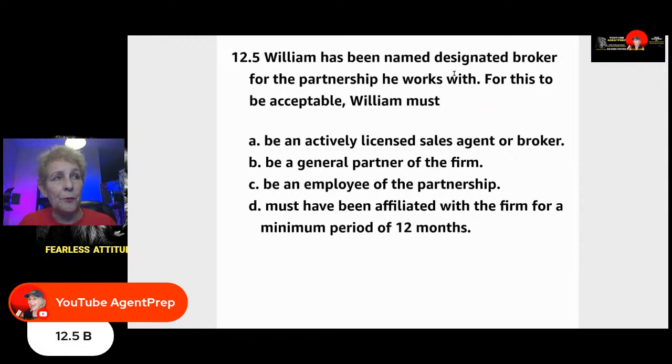So if it's a corporation, call it an officer. If it's a partnership like it is here, then it's a general partner. If it is an LLC, then it's a manager of an LLC. Those are the technicalities of LLCs, partnerships, and corporations. So go and review the vocabulary on those terms.